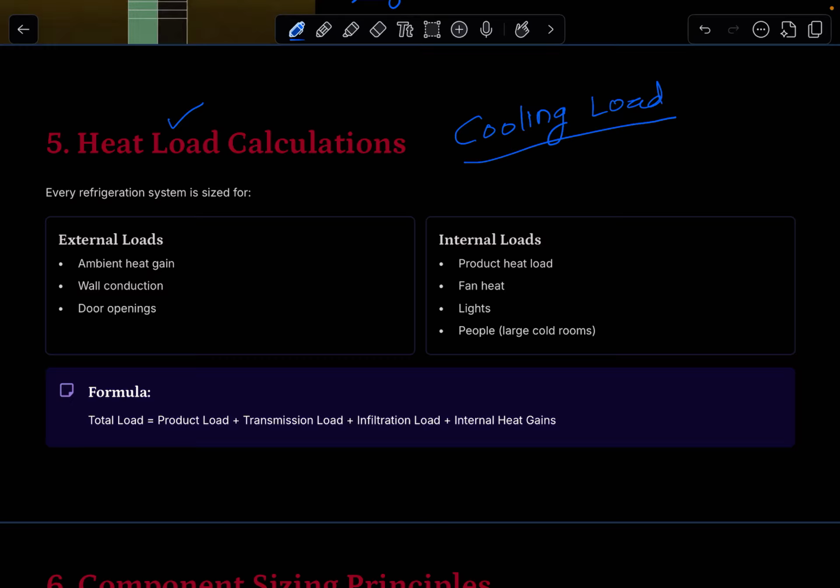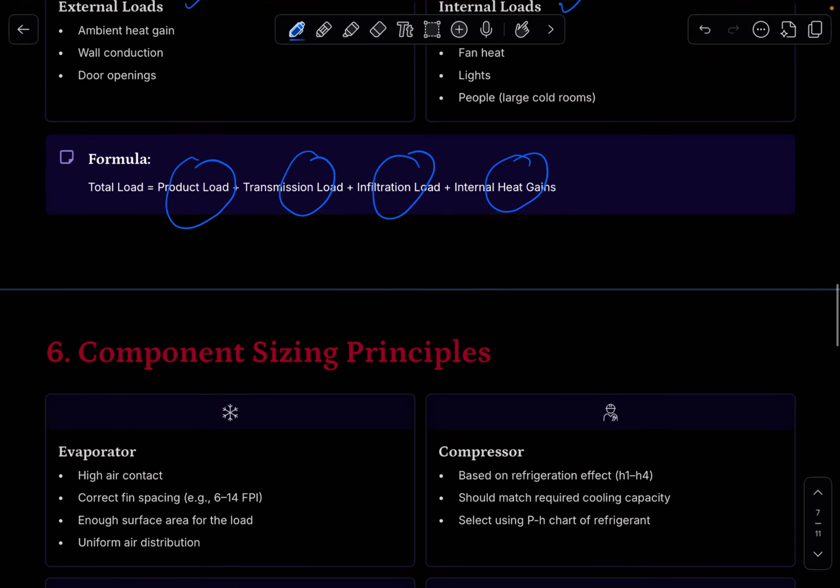Okay, so the total load in your medical refrigeration system is because of the product, then because of the transmission, because of the infiltration, and because of the internal heat gain. Okay, so we would be calculating those internal heat loads and the external loads in your heat load calculations part in detail in our next lecture.